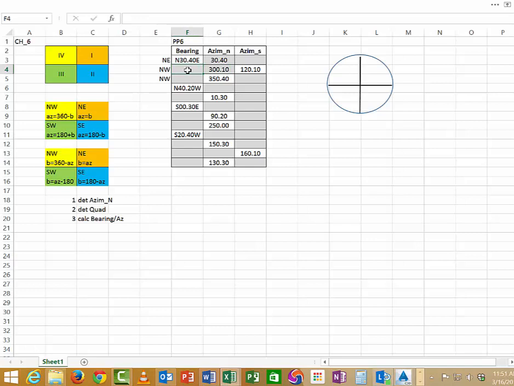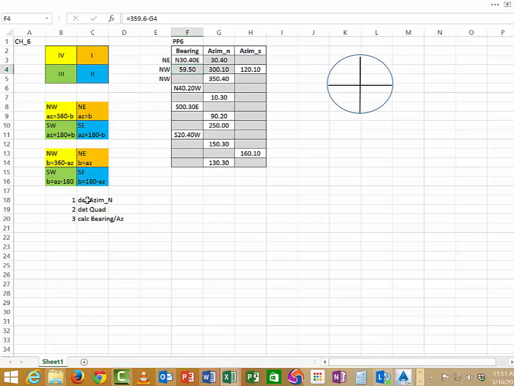So I've got to be in this quadrant over here, and I just need to subtract 310 from 359 degrees 60 minutes. Let's see if I can pull that off. 359 60 minus this. And then I would need to put the N and the W in here, because this bearing would be north 59 degrees 50 minutes west.